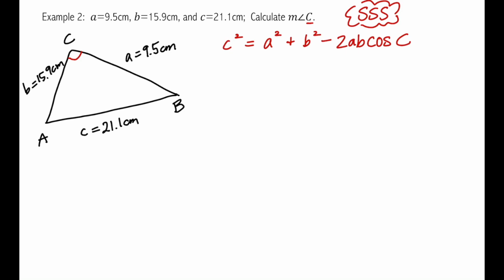I'm going to write out the formula first, and I'm going to substitute all of my given information into the equation.